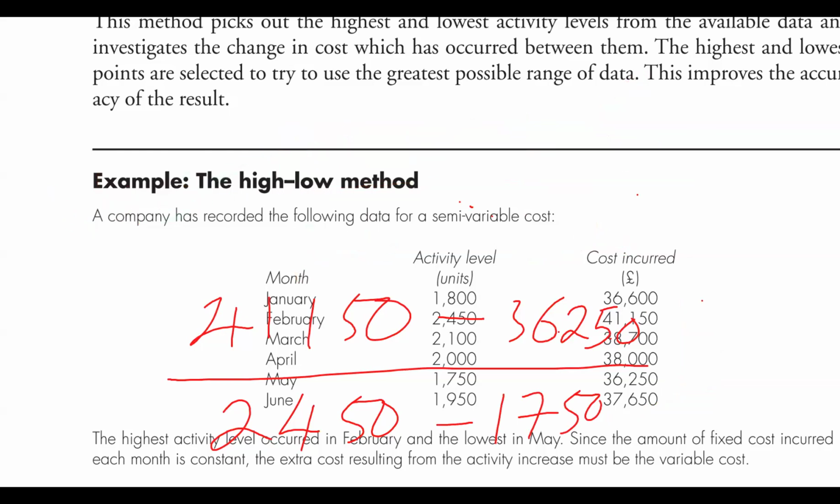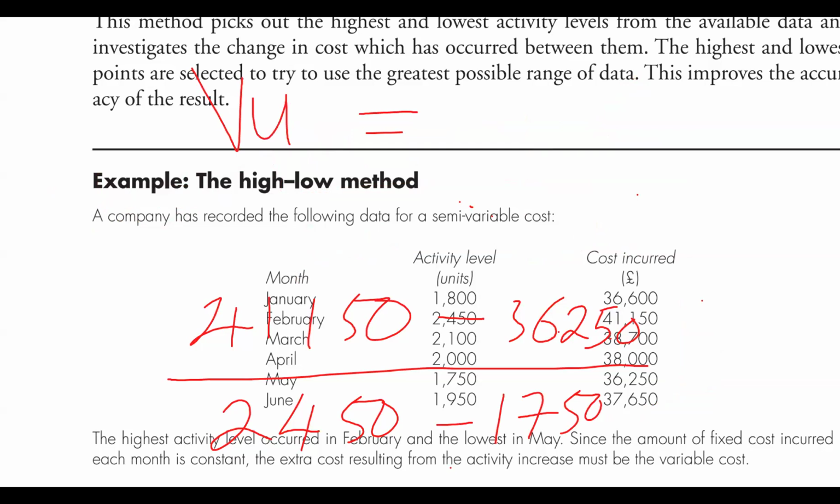And what do we find? You can do your computation and give us the final variable cost per unit. 41,150 minus 36,250.